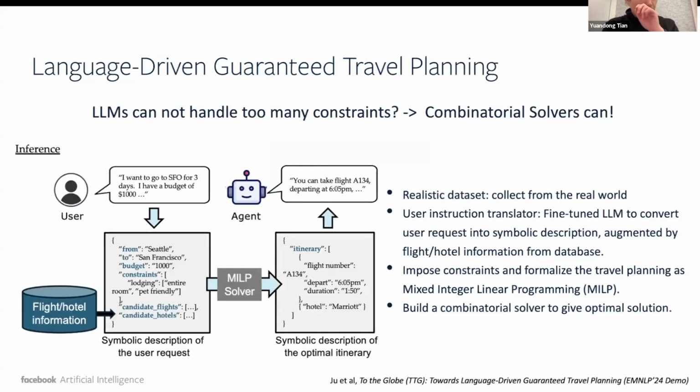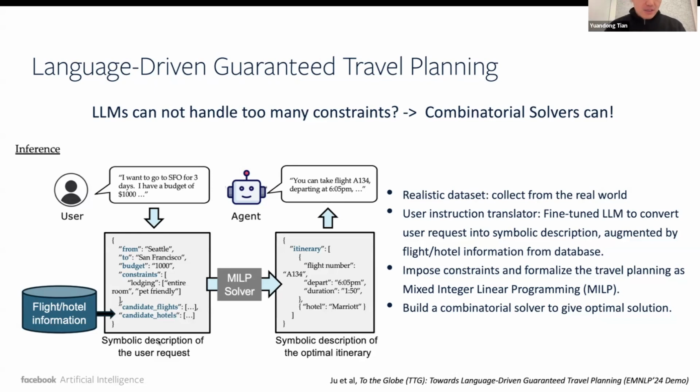For this direction, we are still sticking with the travel planning direction. Instead of asking the model to do everything end to end, converting directly from the user request all the way to the optimal itinerary, which is not easy, what we do here is we first turn the user request into a JSON file, which consists of multiple lines of key information.